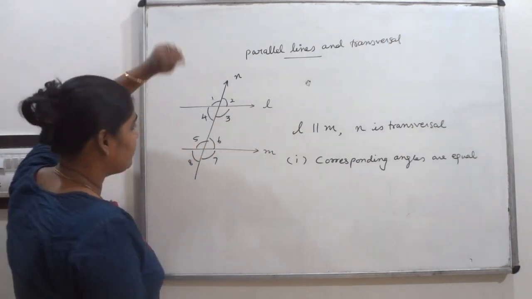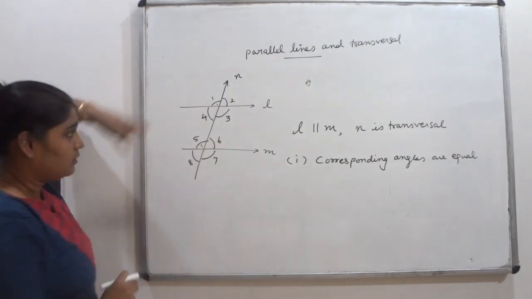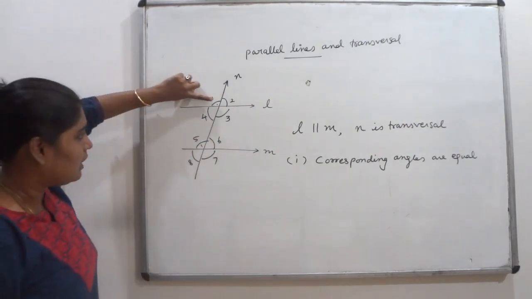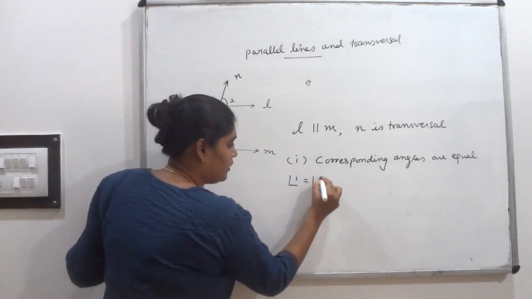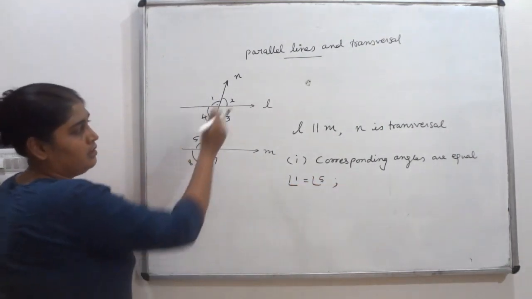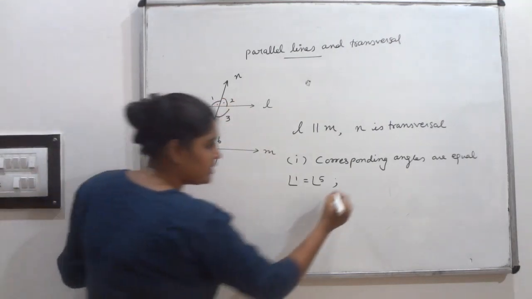Look here in this figure. Angle 1 is equal to angle 5, the upper side angles. The same way on this side, angle 2 is equal to angle 6.